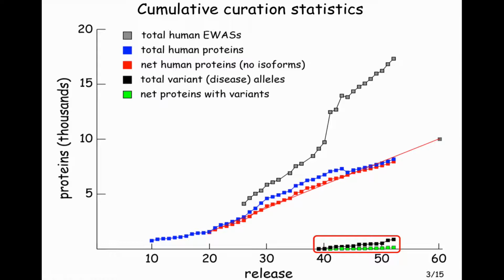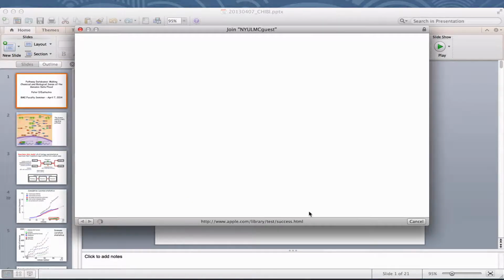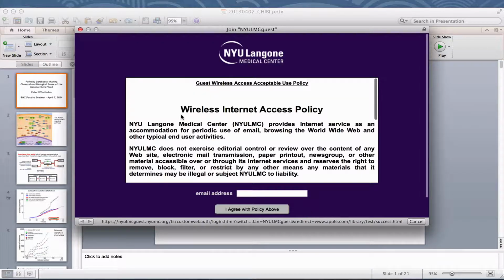A couple of years ago, we started annotating specifically disease processes. And I'll say what we mean by disease in just a moment. But first, just the bragging statistics. We've so far, and again, in our current release, annotated 149 proteins.